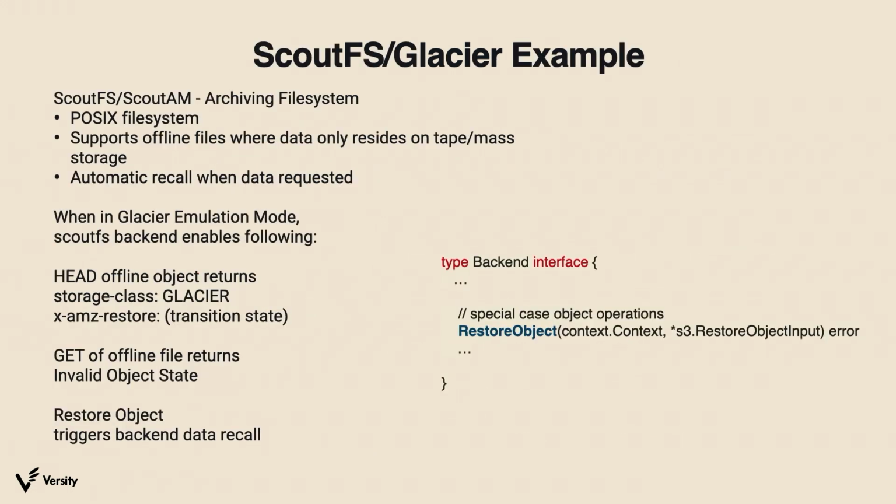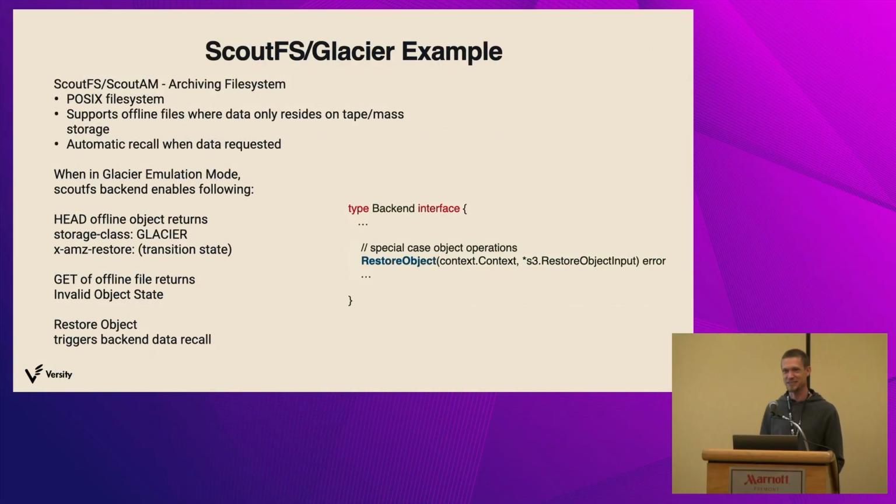So this is our Glacier mode. We do simulate pretty much what the Glacier behavior is, starting with getting the object headers. If the Glacier mode's not enabled, then it's going to just work like an S3 system, but the gets for offline objects might take a really long time, or it might time out. So it may or may not work, depending on how busy the archive system is.